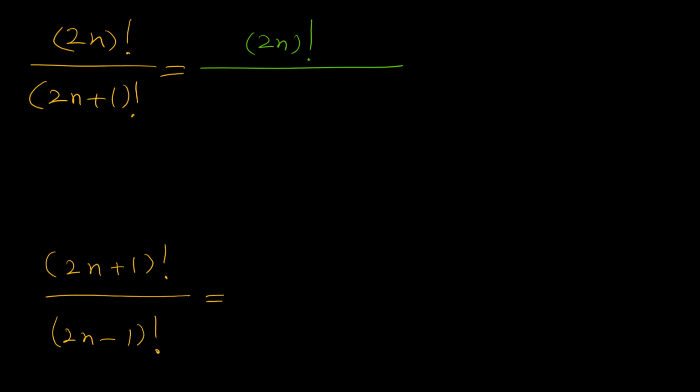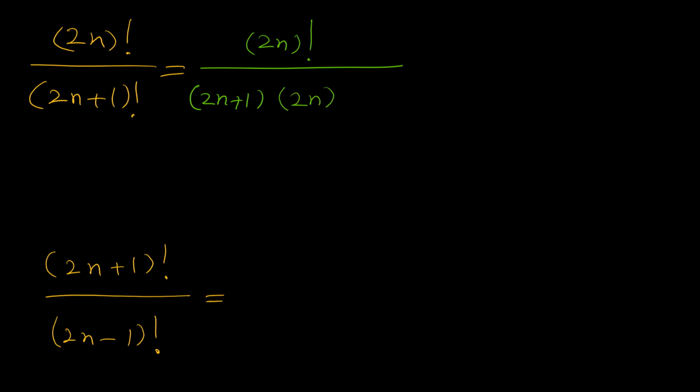So we have to open the denominator. Based on the definition of factorial, this is 2n plus 1. What is the term after 2n plus 1? 1 unit less, 2n. This cancels with this. So it would be 2n factorial.